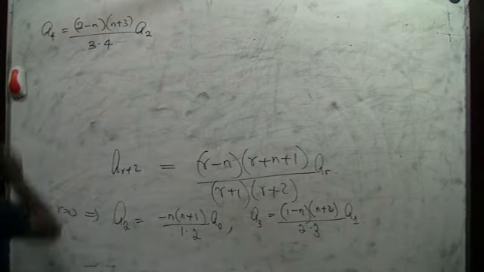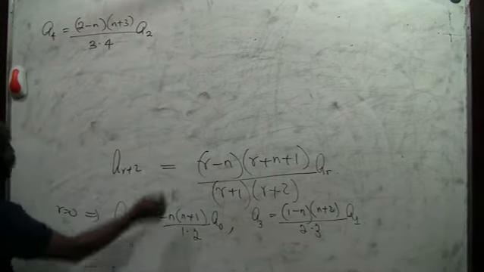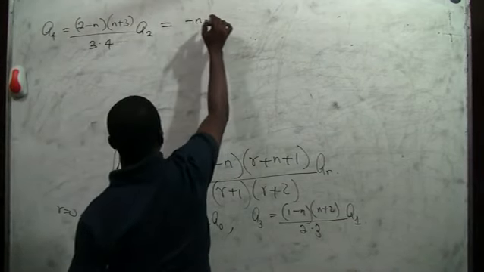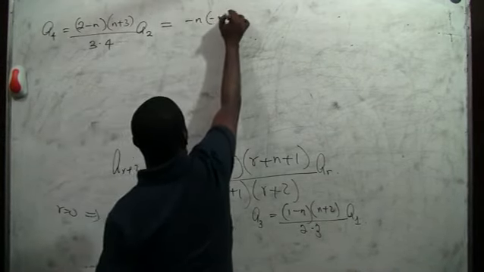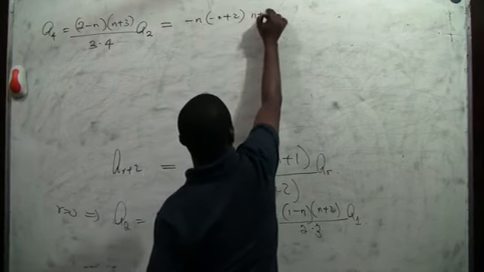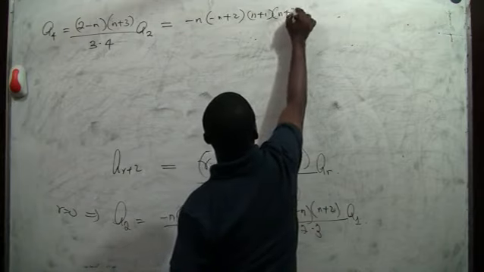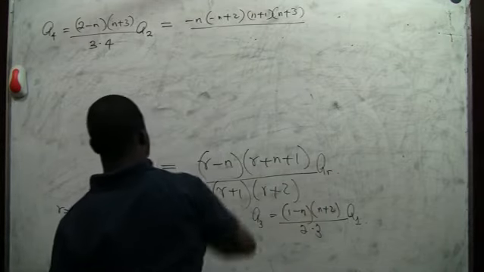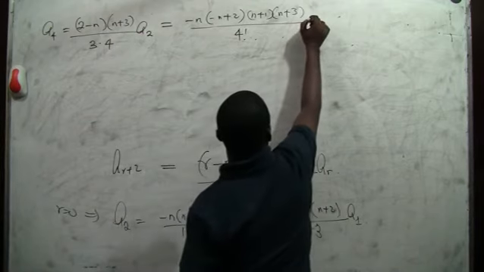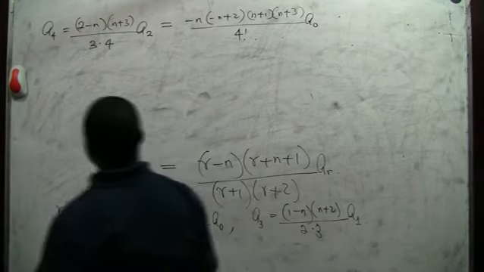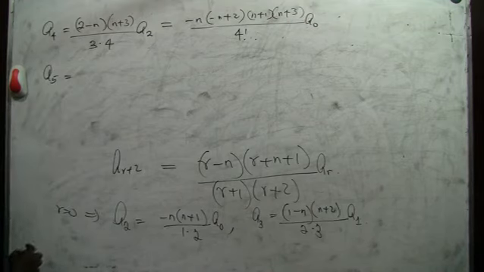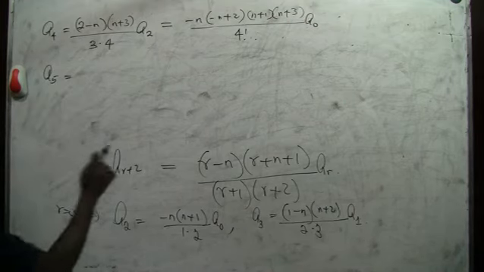Already there is a value for a2, which is what we have here, and that can be written as minus n into minus n plus 2, then I have n plus 1 and n plus 3, all divided by 4 factorial a0. Then a5. So we substitute 3 here.